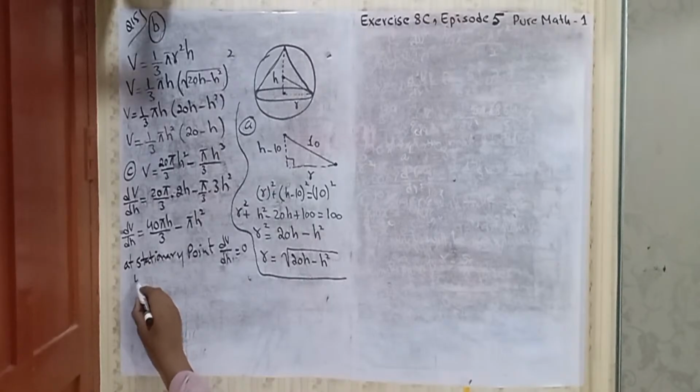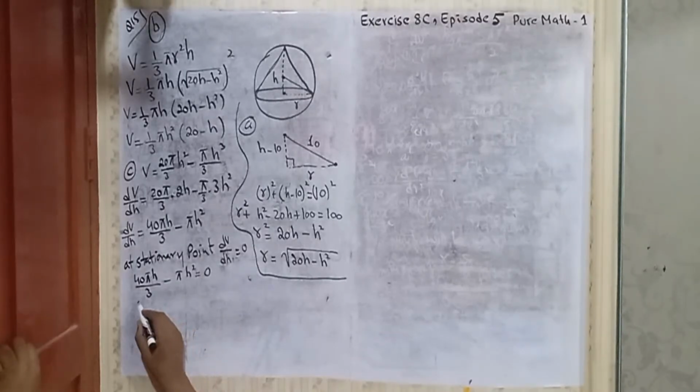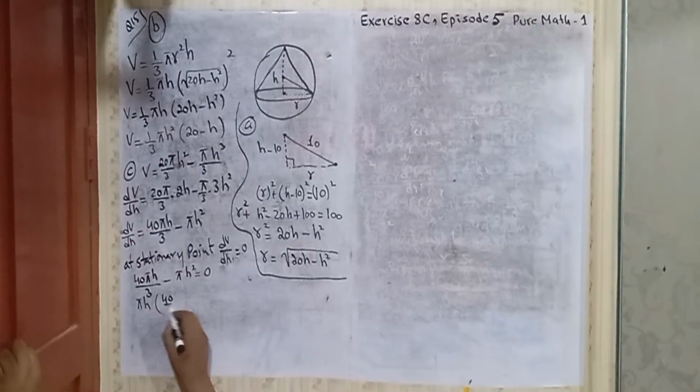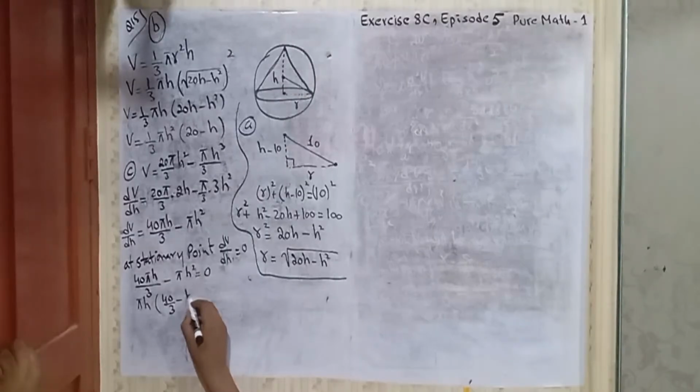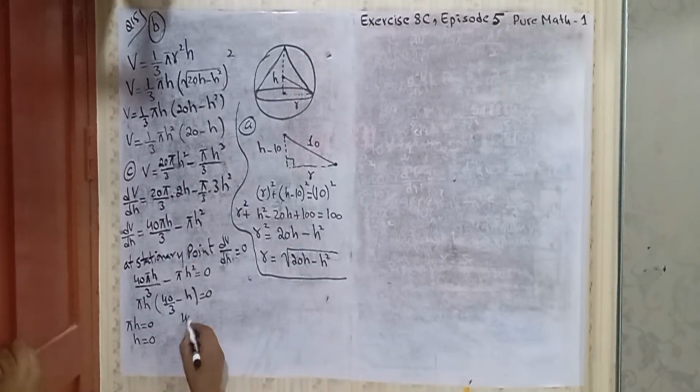So 40 pi h divided by 3 minus pi h square equals 0. I can take pi common, and h common. So h into 40 by 3 minus h equals 0. When you make pi h equal to 0, you get h equals 0. If you make 40 by 3 minus h equal to 0, you get h equal to 40 by 3.